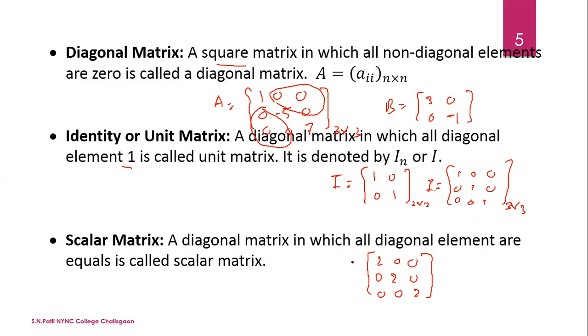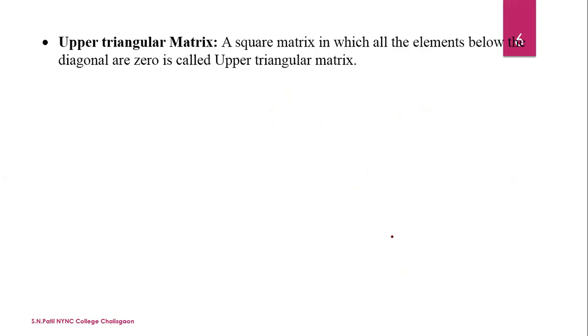Okay. Now next, upper triangular matrix. Upper triangular matrix means what? The below diagonal elements are 0 is called an upper triangular matrix. Means Aij is equal to 0 when i is strictly greater than j.